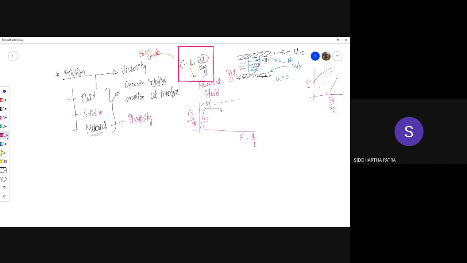And many times we approximate that to be an elastic, perfectly plastic situation. So that basically is a flat line beyond the elastic part.